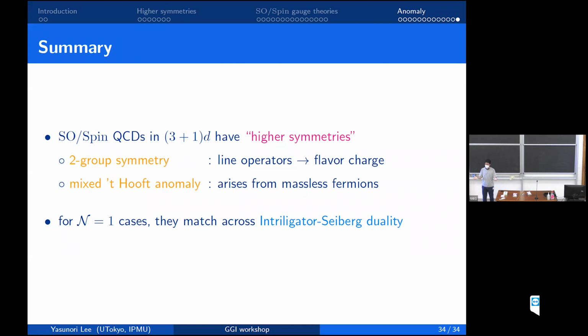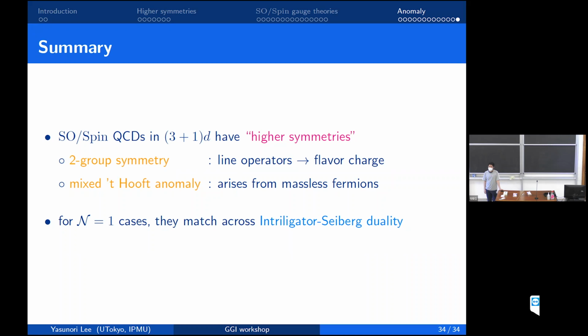That's why the gauge center part and flavor center part both act on line operators. So the 2-group symmetry is only the story on the line operator side. Does this answer your question? Maybe you can ask me later.